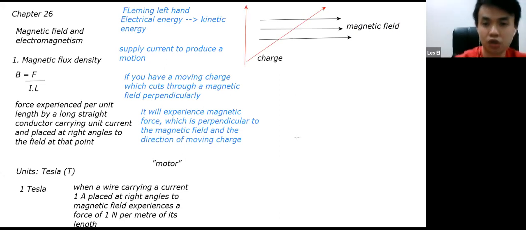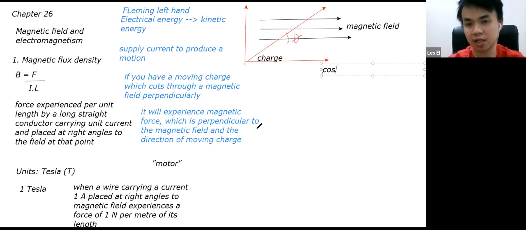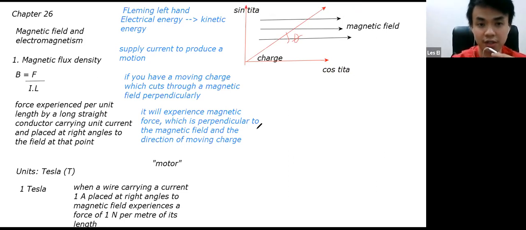So your charge's speed, you can split it into two components, the x component and the y component. Let's say I take that angle as theta. It means the x component will be something like v cos theta, and the y component something like v sin theta. Do you understand until here? However, you still have one component which is perpendicular to the magnetic field.